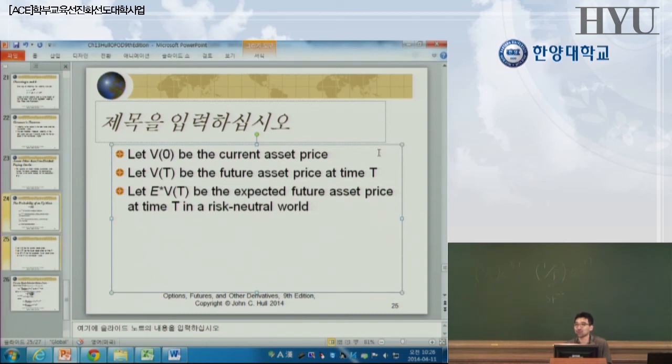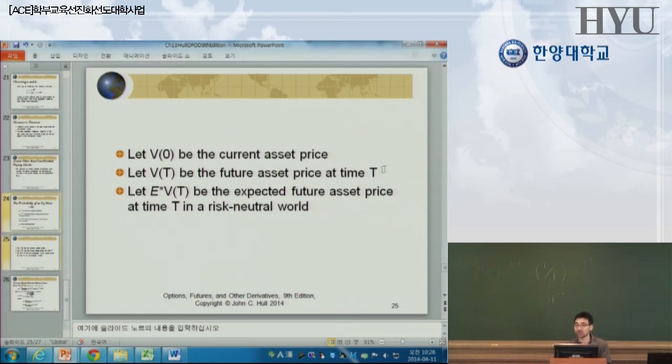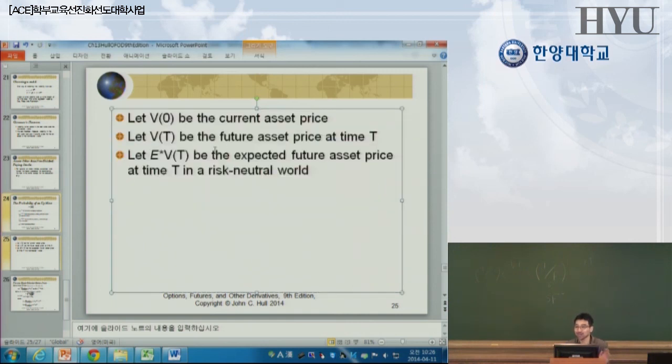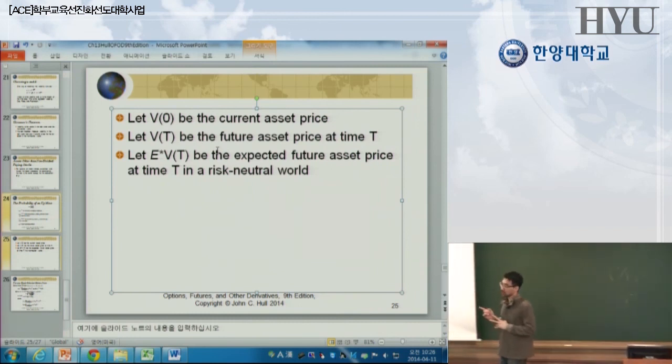Because we don't know the future stock price, right? If we knew the future stock price, we could make infinite money, but unfortunately we don't. But at least we can tell the expectation, and let's assume that we are in the risk neutral world, then we can calculate the expected future price in the risk neutral world.